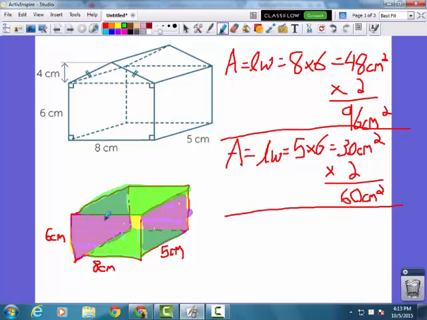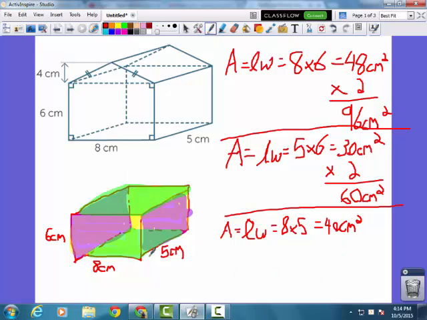Take note of that. So we're looking for 2 of them. Let's find the area of just one of these. It's 8 by 5, so area equals length times width, which equals 8 times 5. 8 times 5 equals 40 centimeters squared.